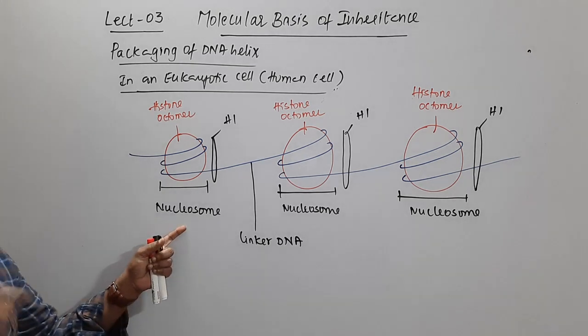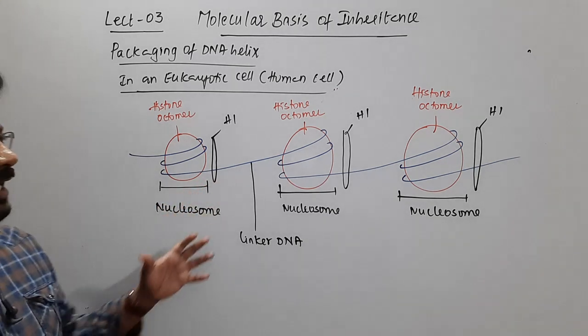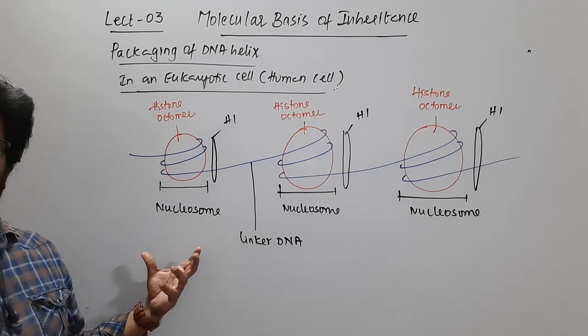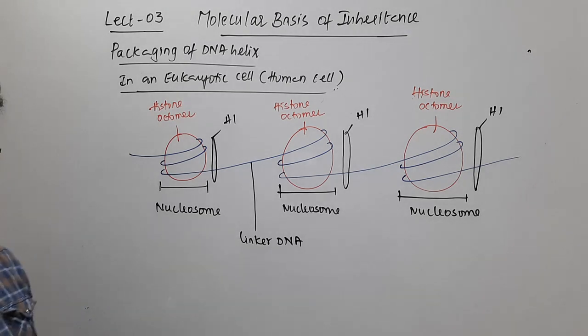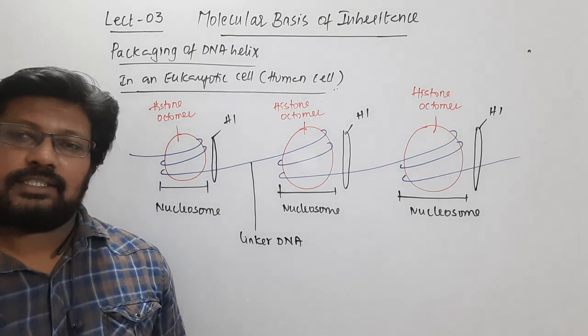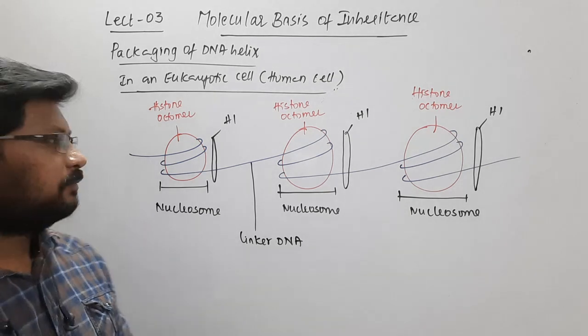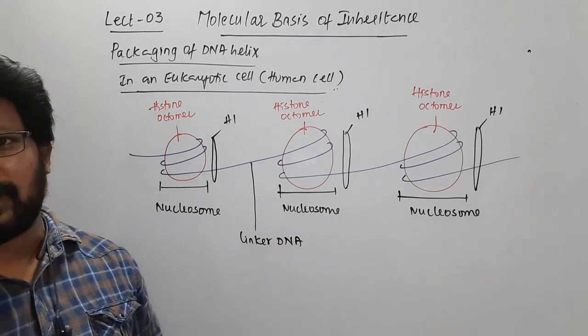This nucleosome is the one that appeared like a bead, and that DNA appeared like a string. Such an arrangement is not seen in prokaryotic cells. The DNA is associated with some proteins, but we don't see the arrangement in this way.